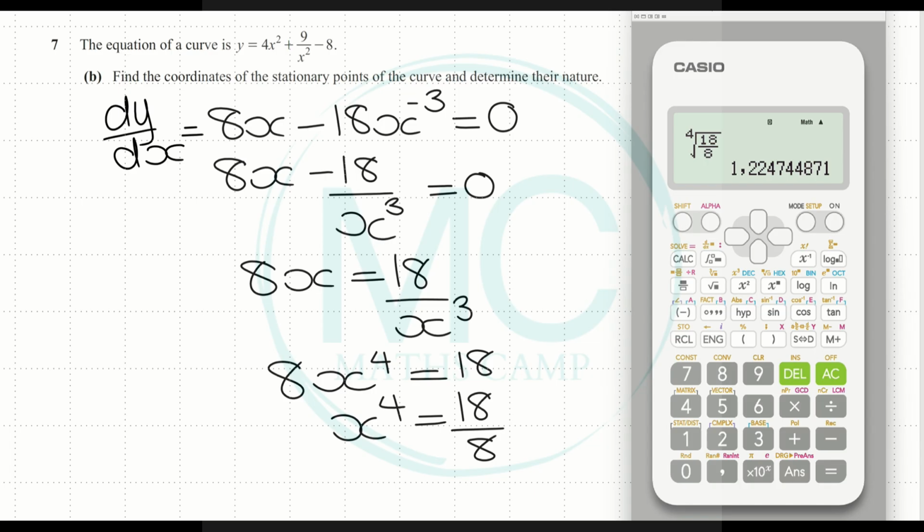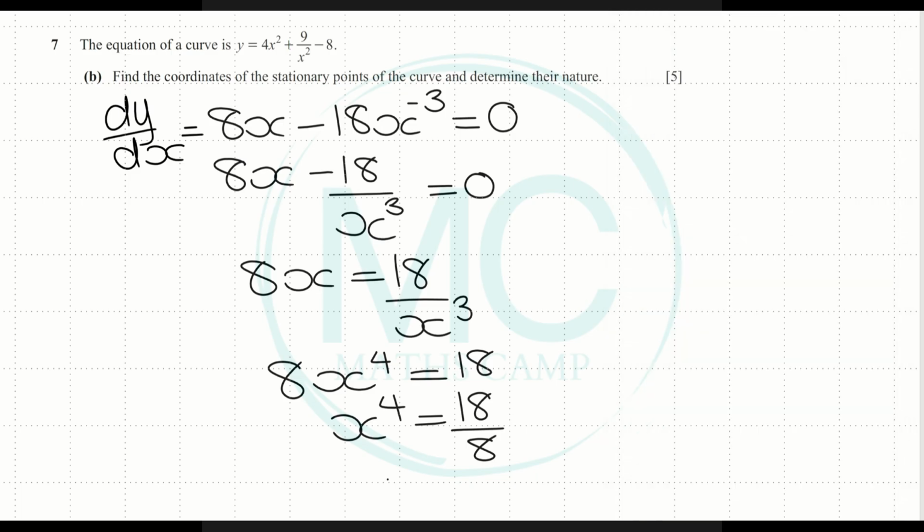So let's square root 18 over 8, and we get 3 over 2. If we square root again, we get root 3 over 2. So in this case, x could be equal to positive or negative, let's write this over here, 3 over 2 under a square root. Now that we have x, we can look at our possible y values.